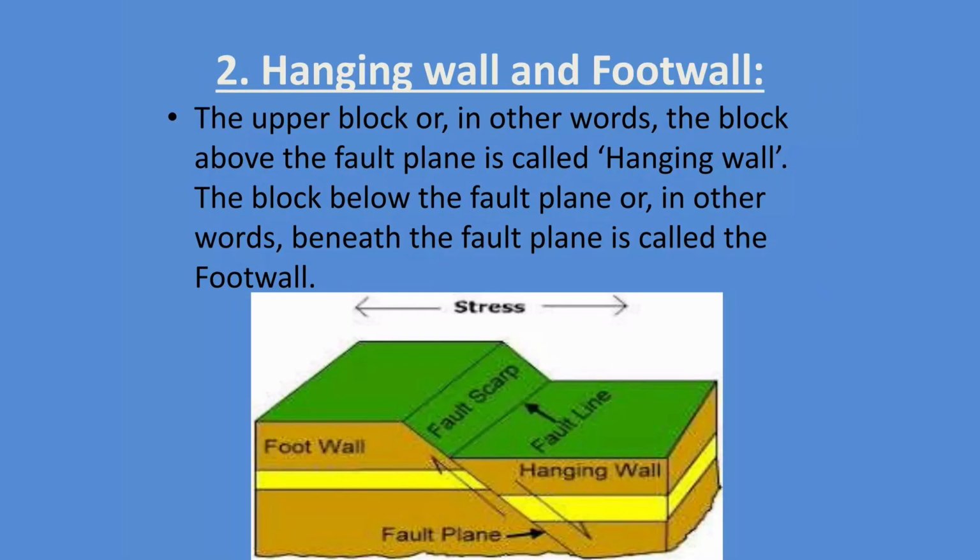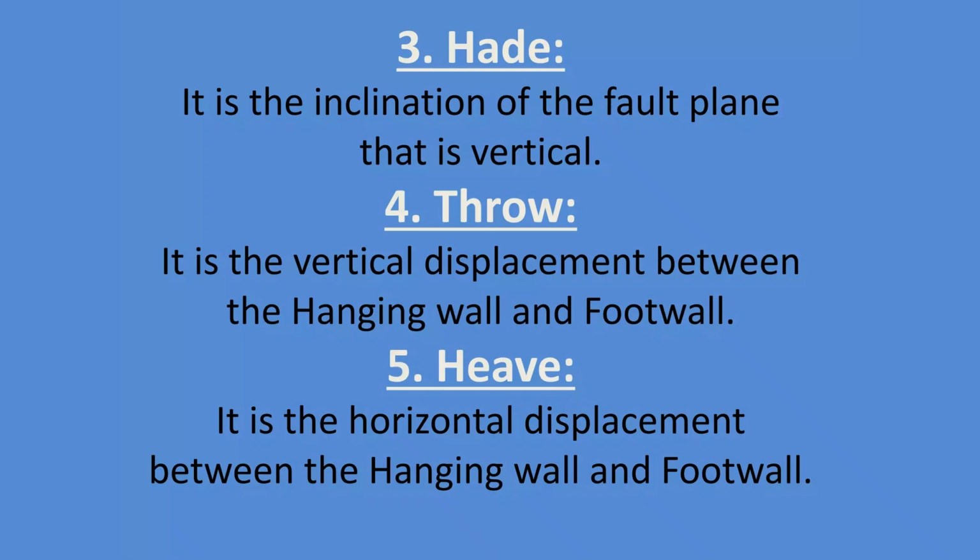I have already discussed that the down-thrown block is called the hanging wall, and the up-thrown block is called the foot wall here. And head, throw, and heave I have already discussed. Head is the angle of inclination of the fault plane with respect to the vertical component, throw is the vertical component of the displacement, whereas heave is the horizontal component of the displacement.